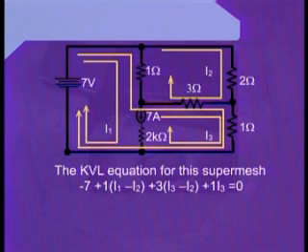As we complete this term, we reach the starting point of our loop. Therefore, we equate all these terms to 0. Simplifying this equation and rearranging it, we can write I1 minus 4I2 plus 4I3 is equal to 7.